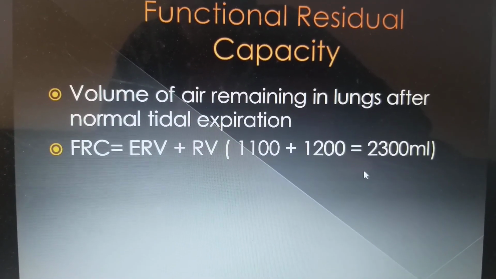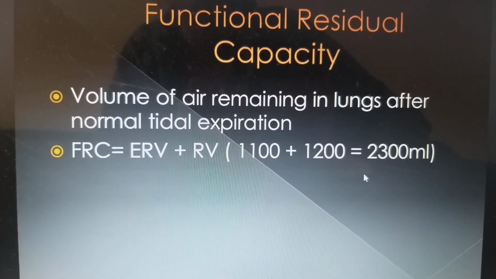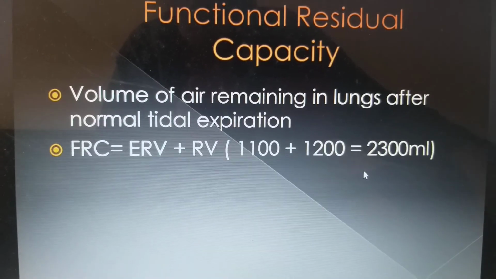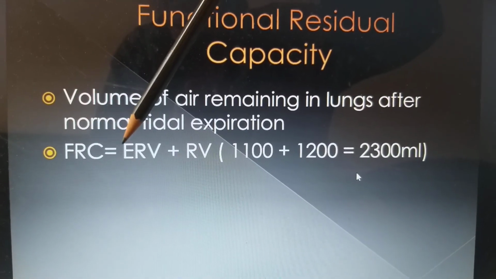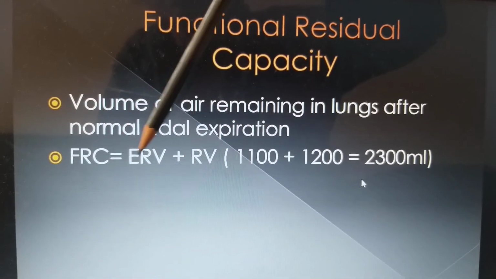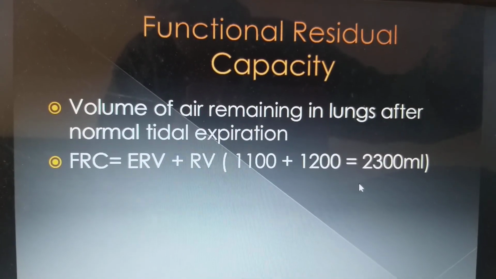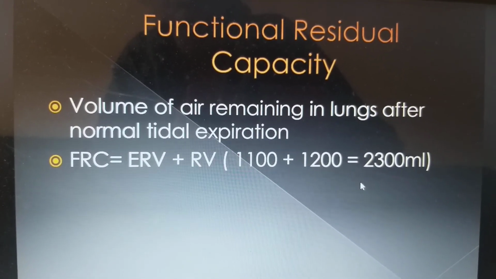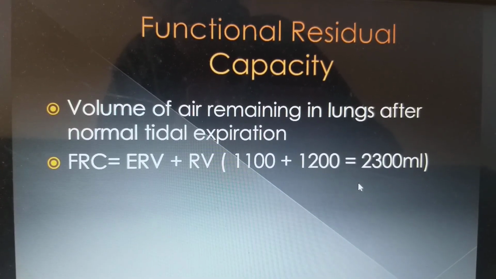The volume of air remaining in the lungs after normal tidal expiration we call functional residual capacity. It is equal to expiratory reserve volume plus residual volume. These two together we call functional residual capacity. That is 1100 plus 1200, that is 2300 ml.